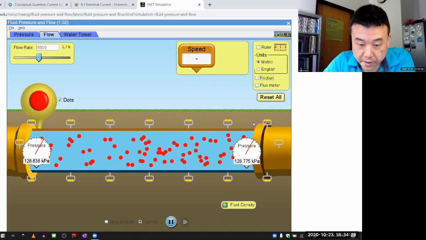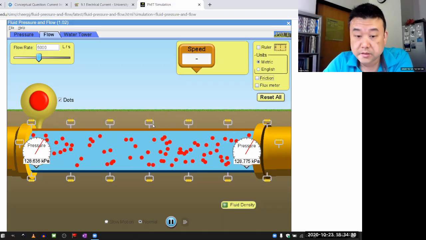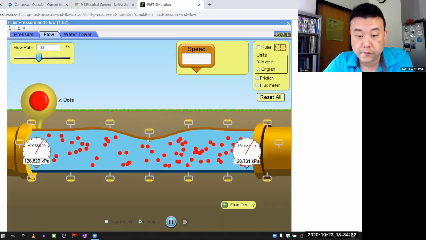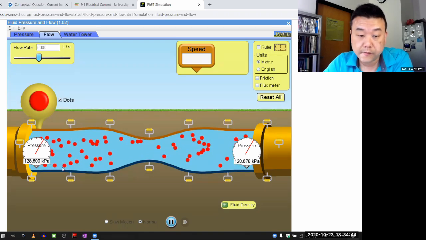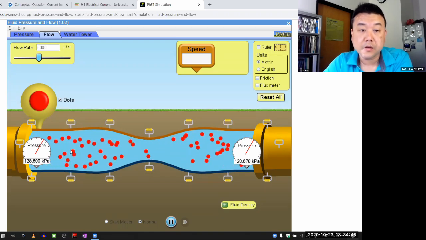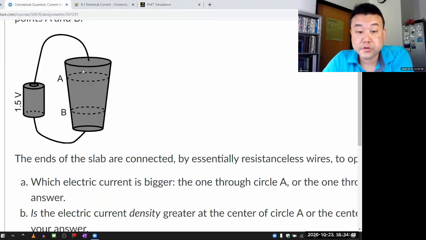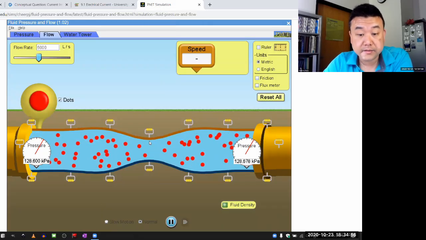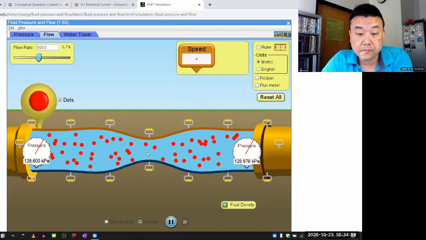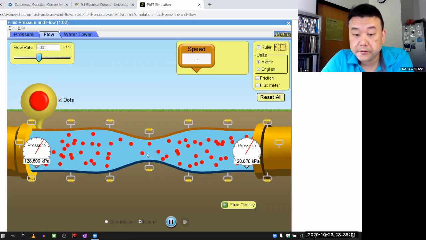So the main parameter you can change here is the width of the pipe, and that change in the width of the pipe is what would correspond to change in the width of this conductor. And you can see in the simulation already how this narrowed pipe affects the flow of the material.